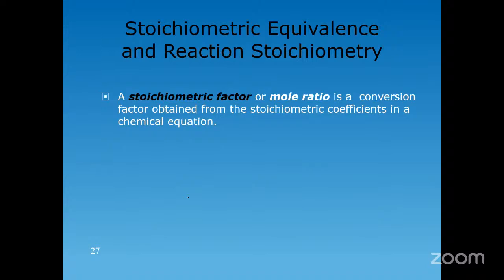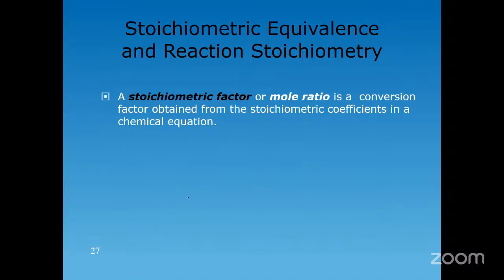Now, the reason why balancing an equation is important is because you need the correct coefficients for all the substances involved in the reaction. And the coefficients will give you the proportional relationship between the different substances in terms of moles, right? So basically, if you take any two substances involved in a chemical reaction, you can establish a conversion factor, which is the mole ratio between those two substances, right?